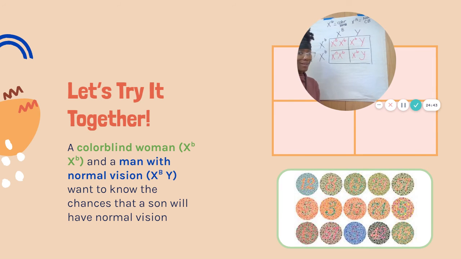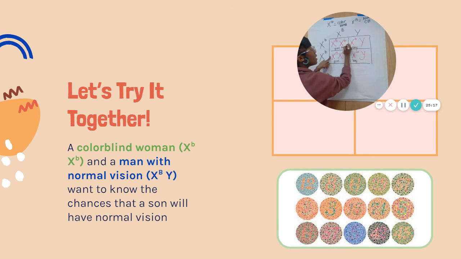Now I want to point out something. Seems obvious, but you might accidentally forget. XX, these are girls. These are boys. Now we're going to say if they're colorblind or not. For this girl, she has a big B and a little b. Will she be colorblind? No. X big B means that they're not colorblind.